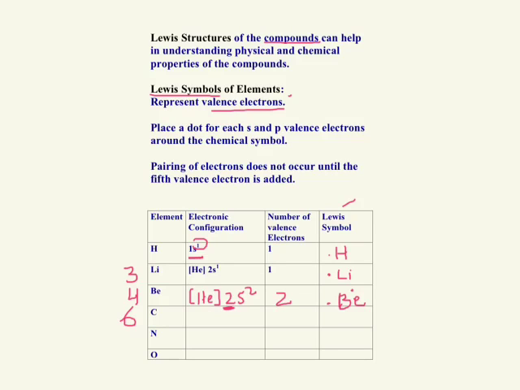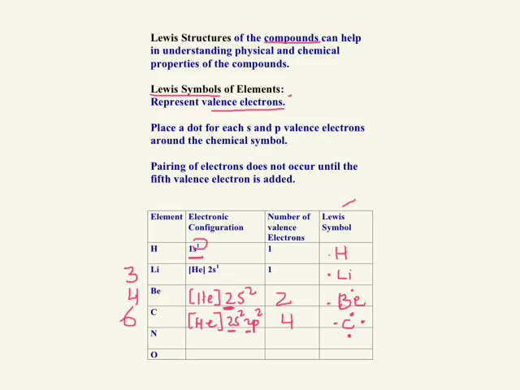Carbon atomic number is 6. Atomic number 6 means 6 electrons. Electronic configuration will be helium 2s2, 2p2. Now second is the outermost shell, and how many total valence electrons are there? 2 plus 2, 4. And how do you draw the symbol? 1, 2, 3, 4.